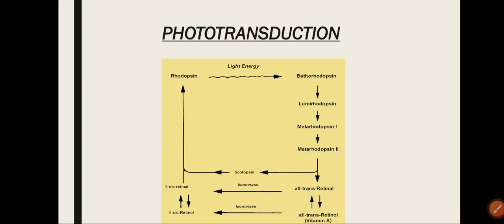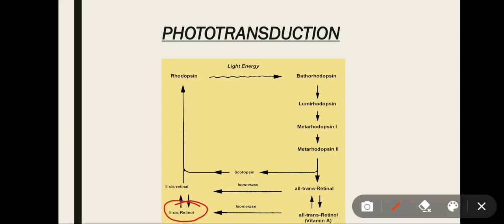Light falling on the rods converts the 11-cis retinal component of rhodopsin into all-trans retinal through various stages. The all-trans retinal is formed and separated from the opsin. The process of separation is called photodecomposition.